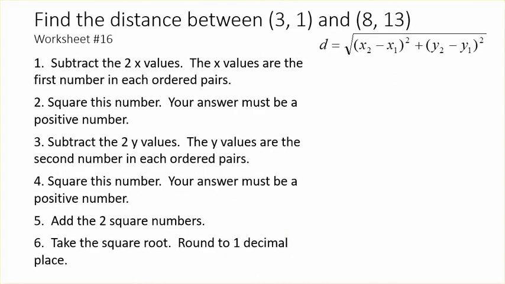The last problem we're going to do together is number 16 on your worksheet. Number 16 says find the distance between 3, 1 and 8, 13. Now, if you're really good at using the formula, you can go ahead and use the distance formula, but really what you're doing is these steps.